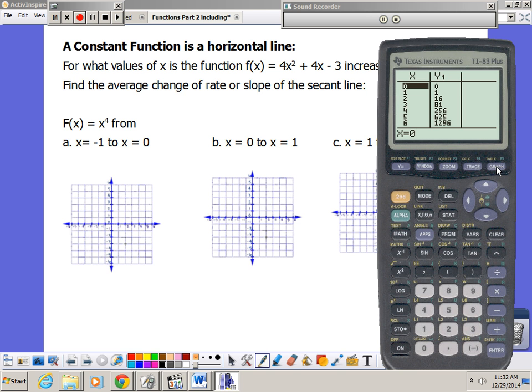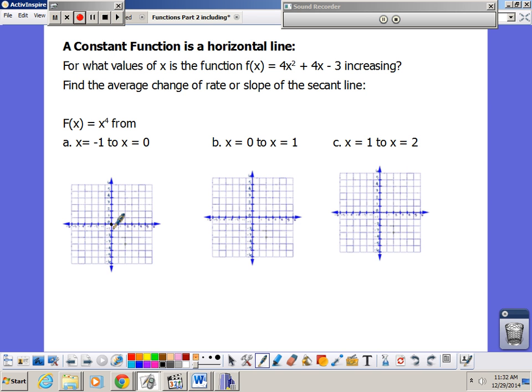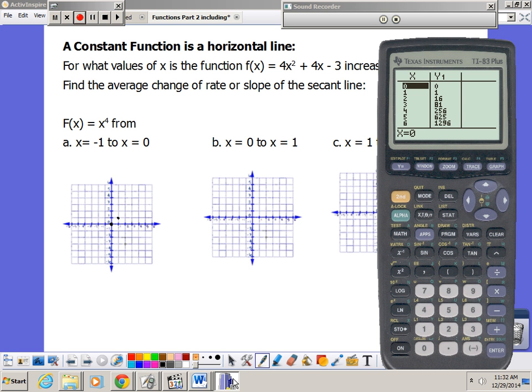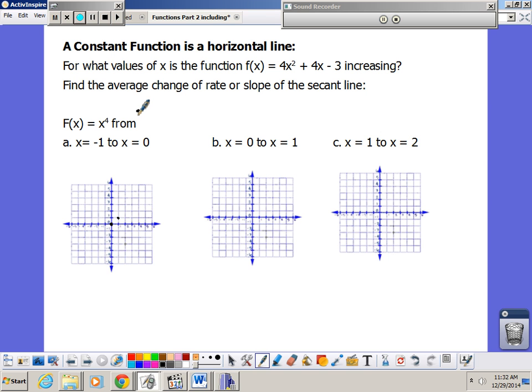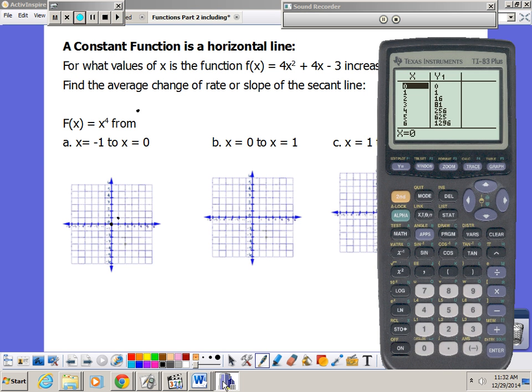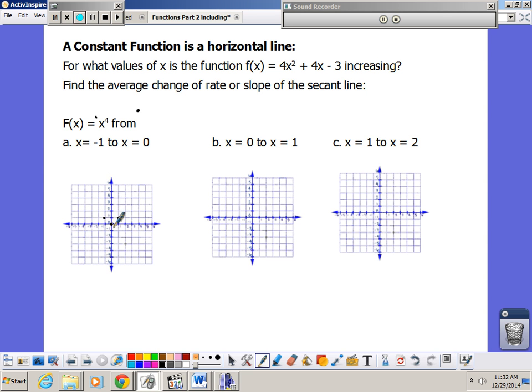Find some points here. 0, 0; 1, 1; 2, 16. So we're way up here. Way, way, way up here. Let's go to the negatives. Negative 1, 1. Way up here.